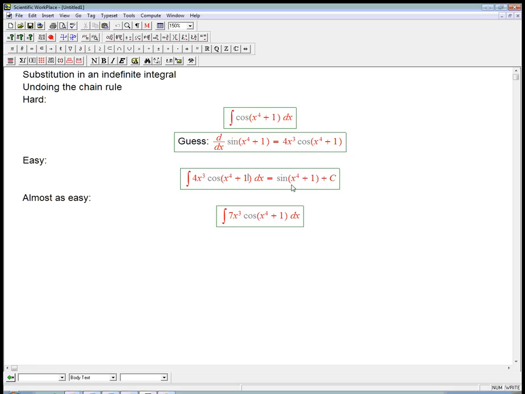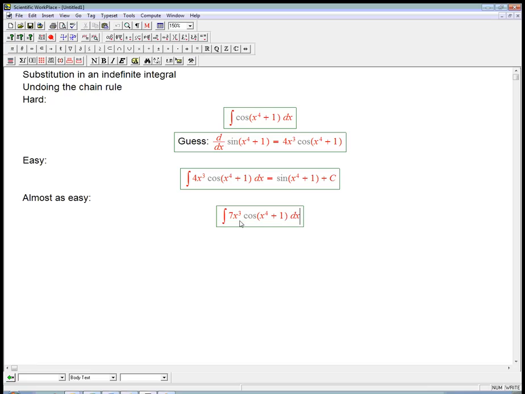This turns into cosine, and this gets left alone inside the parentheses, but then also the 4x cubed pops out. So this is a little contrived because it's actually set up to be exactly outer and inner, and then derivative of inner. But it turns out that sometimes we can massage things into that form.